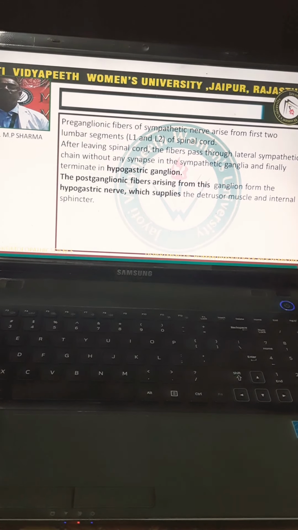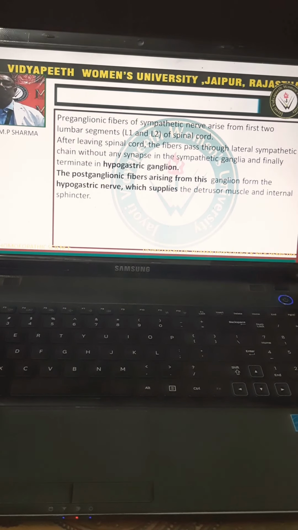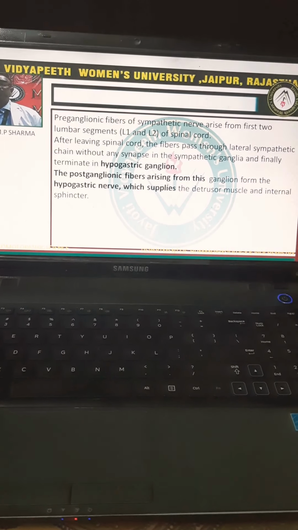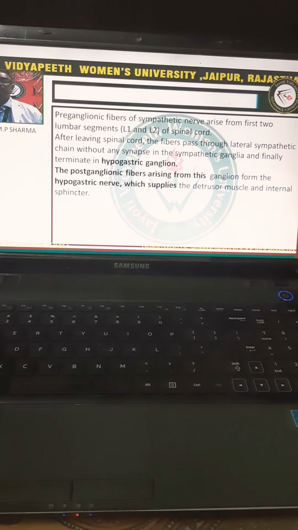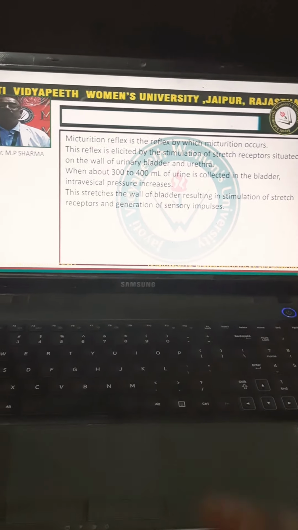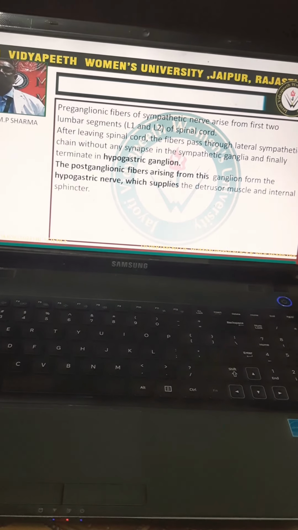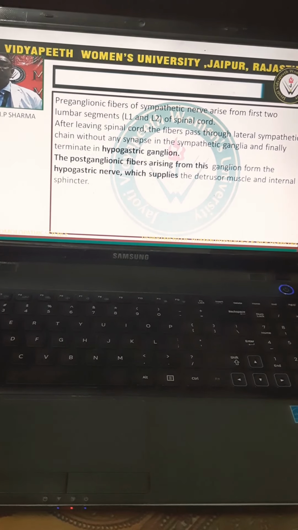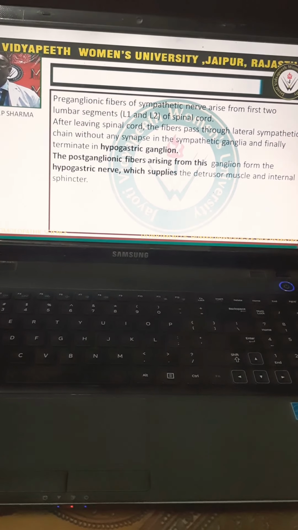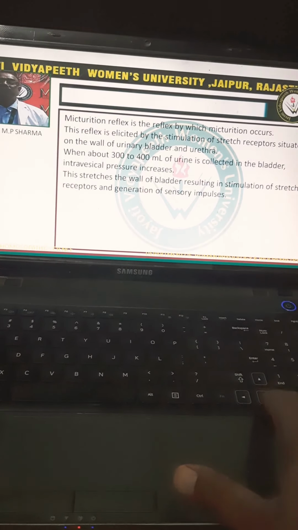After leaving spinal cord, the fibers pass through lateral sympathetic chain without synapsing in the sympathetic ganglion and finally terminate in the hypogastric ganglion. These postganglionic fibers arising from this ganglion form the hypogastric nerve which supplies the detrusor muscles and internal sphincter.